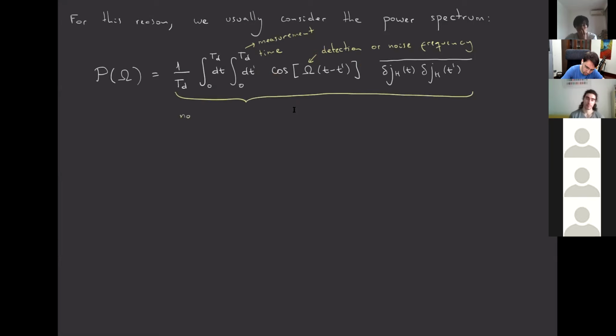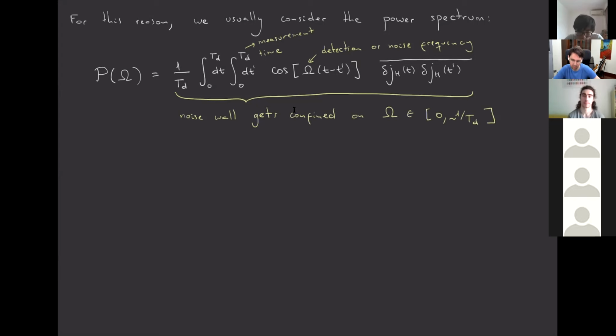Now the noise wall will get confined on the range of omega between 0 and something proportional to 1 divided by the time of observation.